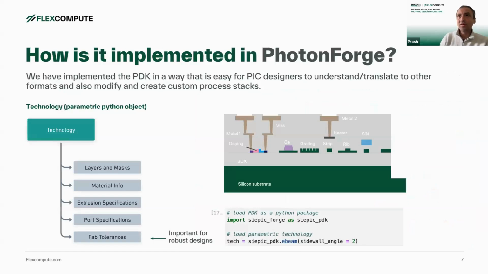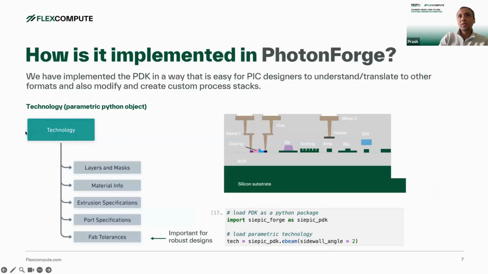To dive in a little bit deeper, how's the PDK actually implemented in Photon Forge? We have implemented the PDK in a way that's very easy for designers to understand and translate to other formats. You can also modify and create your own custom process stacks. Everything is parametric, meaning you can change everything from the layer thicknesses to material parameters.